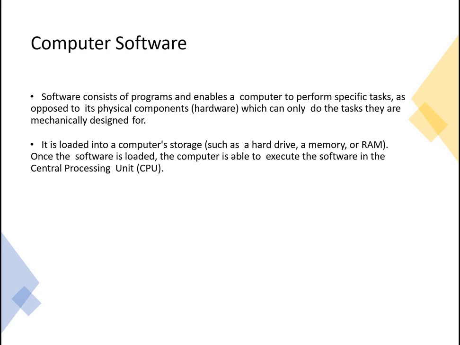So once the software is installed in your computer, it will enable the computer to perform the particular task with the help of the CPU. So basically, computer software is a set of instructions or procedures which is given to a computer to perform a specific task.